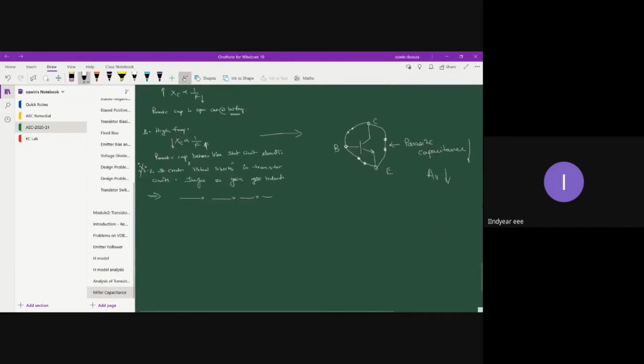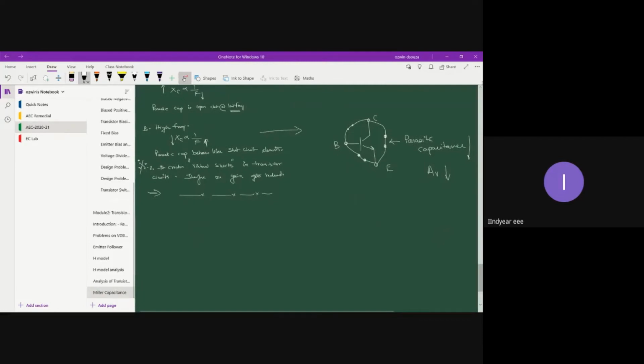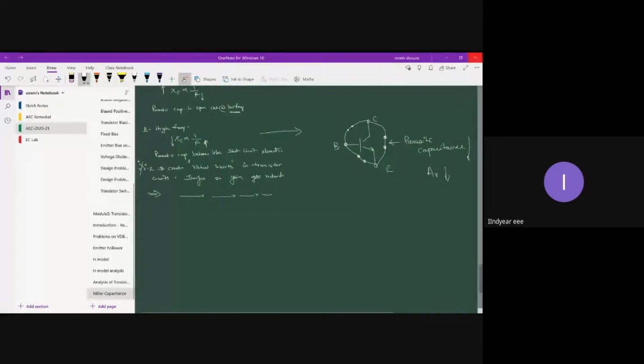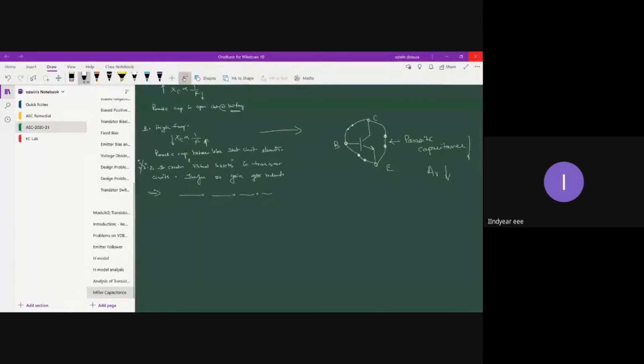All right. Now today let us look at the analysis aspect of parasitic capacitance. So let me start with Miller effect capacitance. Since this was observed by a scientist called Miller, it is also called Miller effect capacitance.